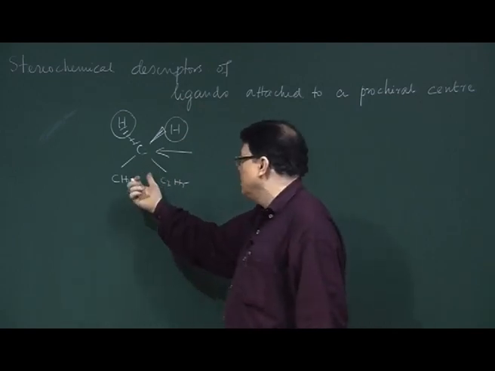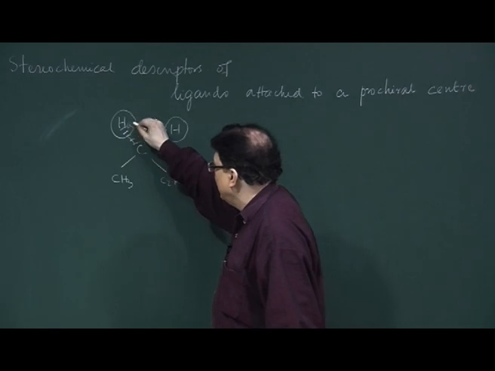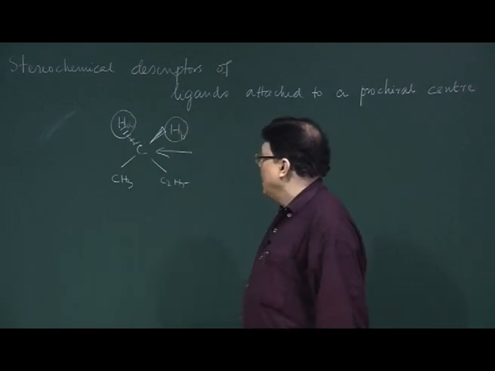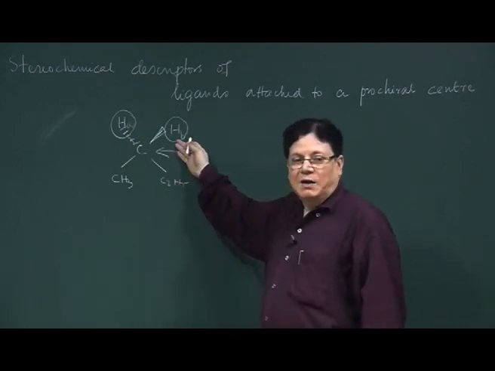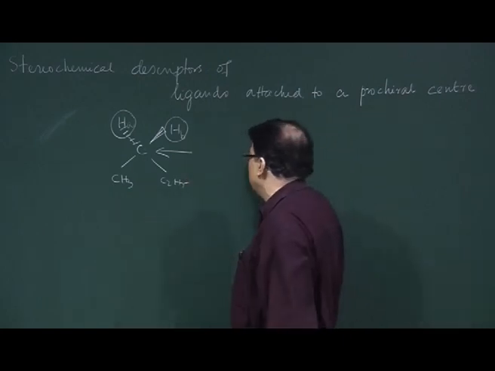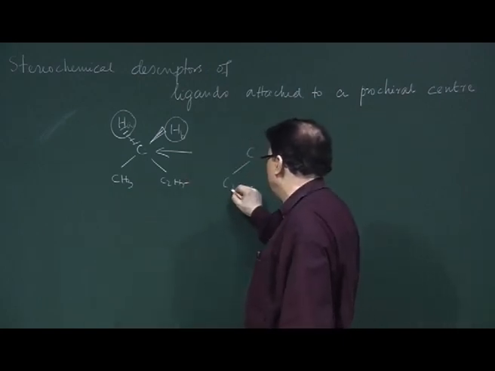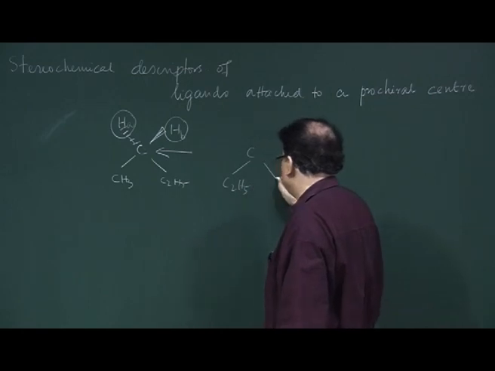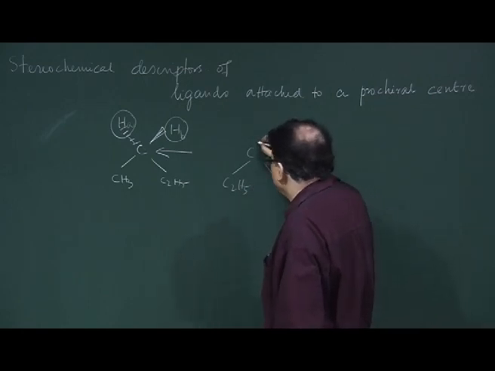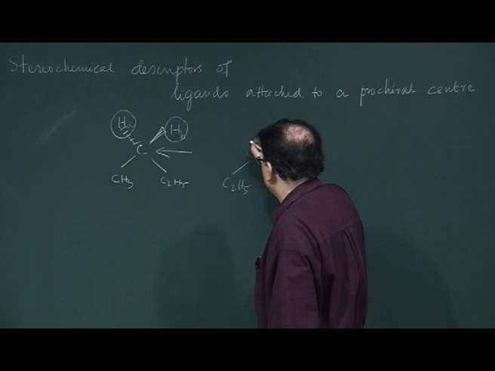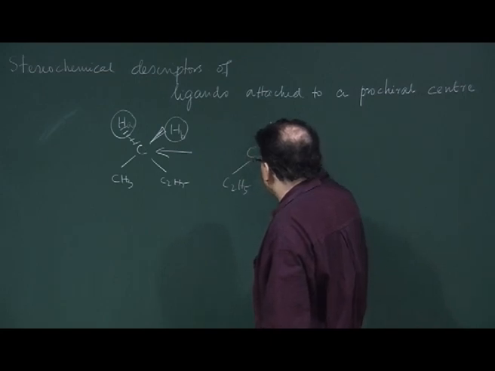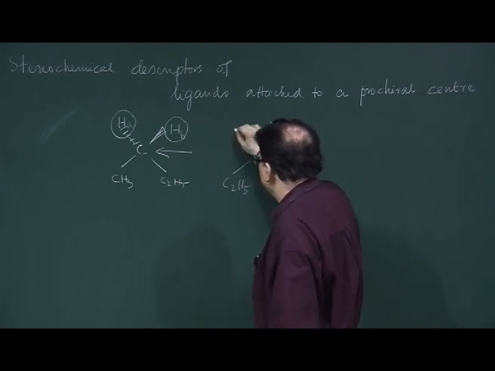I can always turn it down and suppose this is HA and HB, and HB now looks beta, but if I rotate the molecule, write it in another fashion like C2H5 on this side and CH3 on this side, then HB becomes alpha and HA becomes beta.